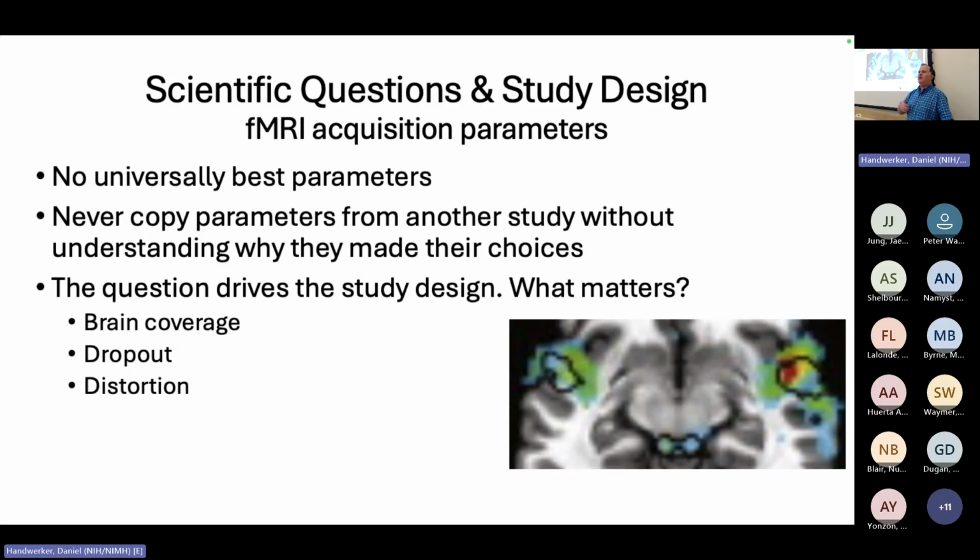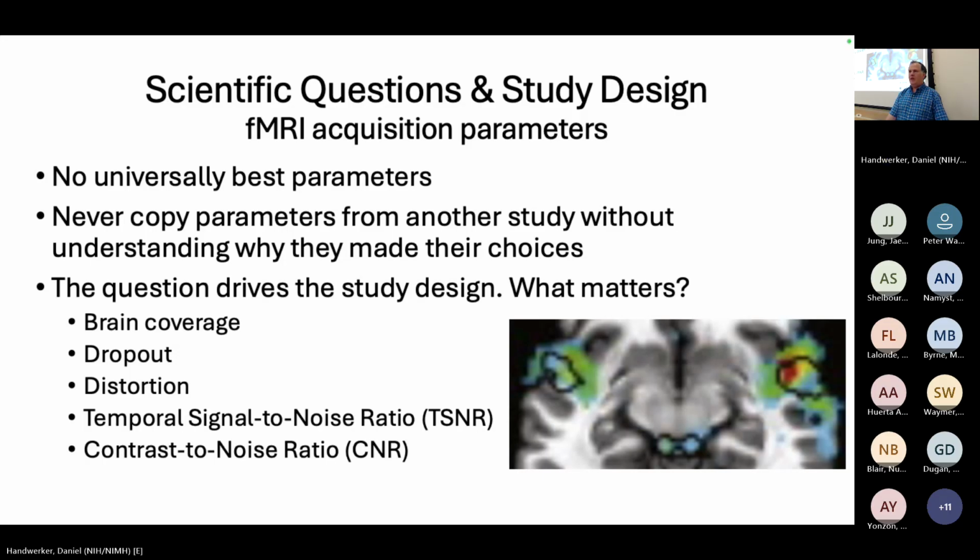If you collect the data, most of the brain is relatively undistorted, but there's almost always going to be some areas, especially near the dropout regions, that have spatial distortion too. Again, if you care about localizing those regions, you might want to optimize against that distortion. And then two other things that I'll show in some neighboring slides are temporal signal to noise ratio and contrast to noise ratio.